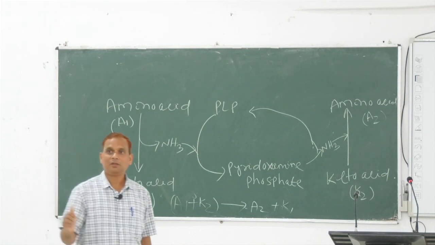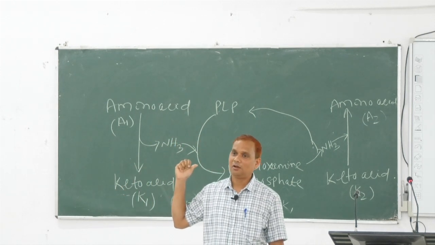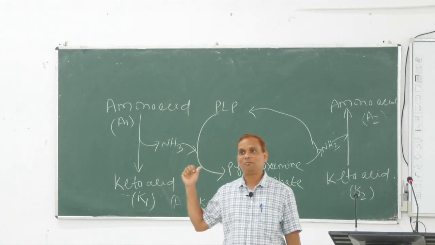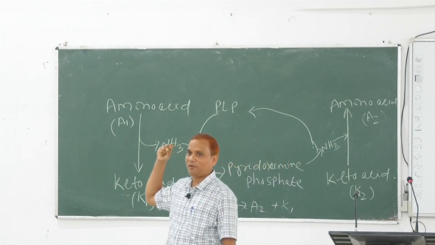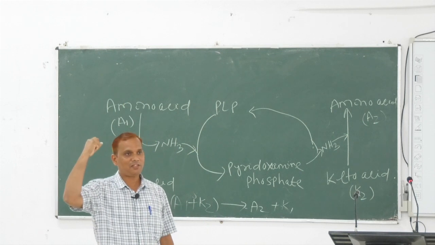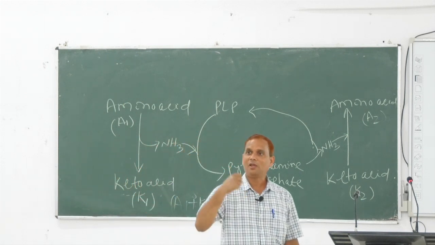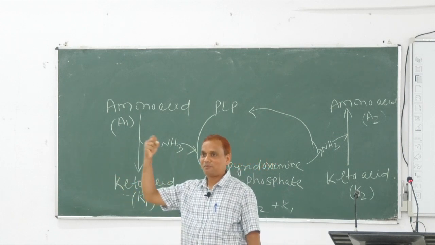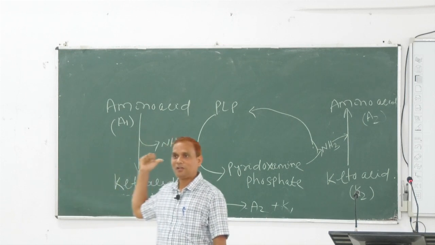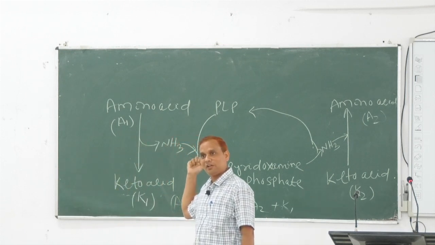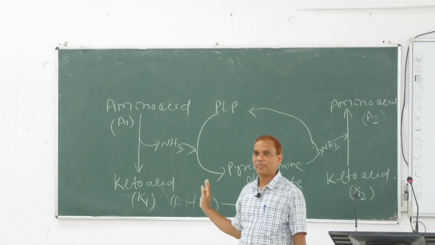Because the PLP will accept the amino group from the amino acid, and after accepting the amino group, it is converted to pyridoxamine phosphate, and then that amino group will be donated to a keto acid. So the keto acid becomes an amino acid. Understood?